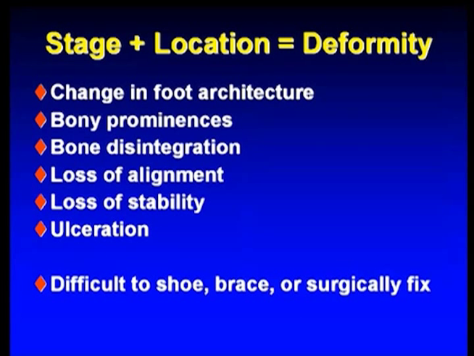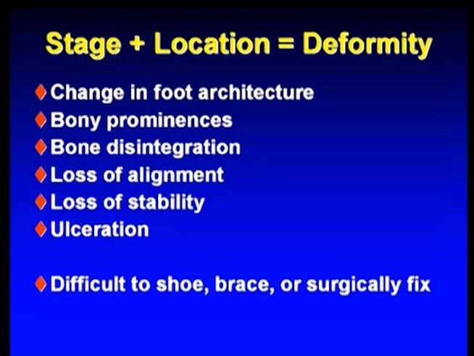If you know the stage and you know the location of the Charcot deformity, then that basically equals what type of Charcot condition is going to present. And usually the stage and the location lead to deformity, and this deformity in Charcot can appear as changed foot architecture, bony prominences, bone disintegration, loss of the bony and soft tissue alignment, loss of stability of the foot, and eventually leads to ulceration or even further yet, infections and osteomyelitis and so forth.